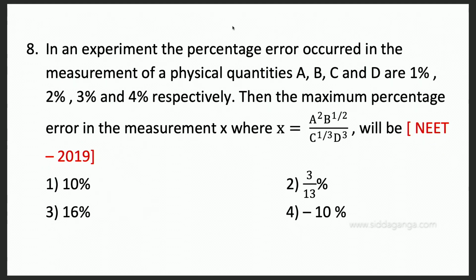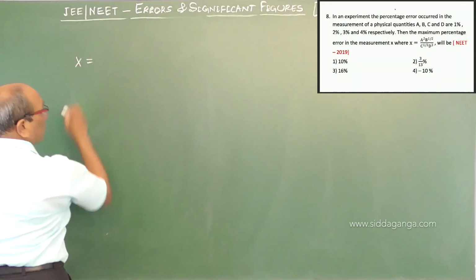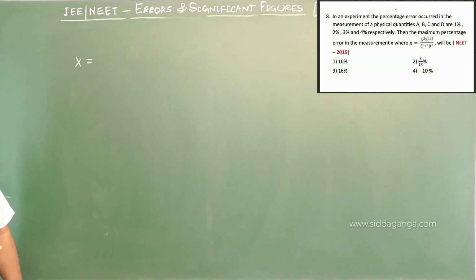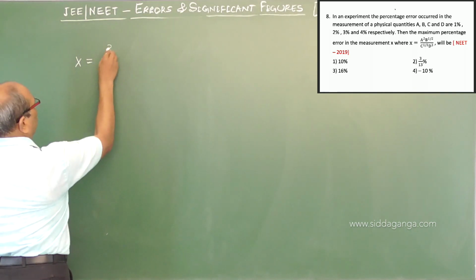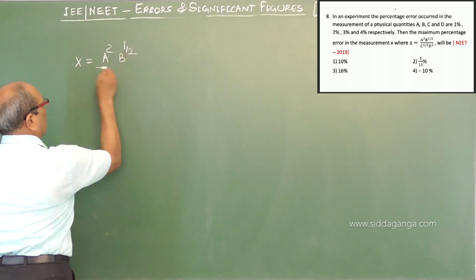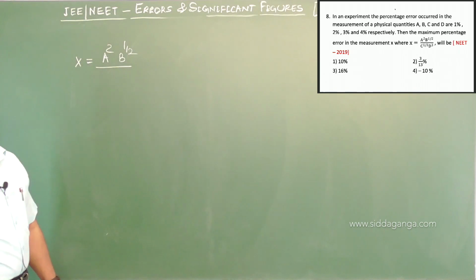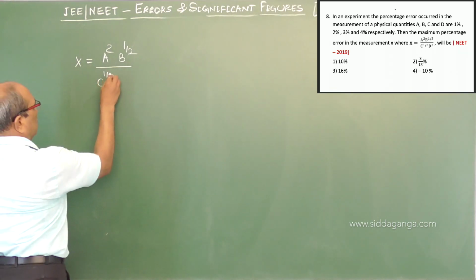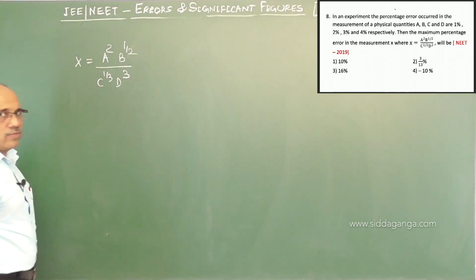In an experiment, the percentage errors occurred in the measurement of physical quantities A, B, C and D are 1, 2, 3 and 4%. The maximum percentage error in the measurement of X is asked, where X is equal to A square B power half divided by C power 1 by 3 into D cube.